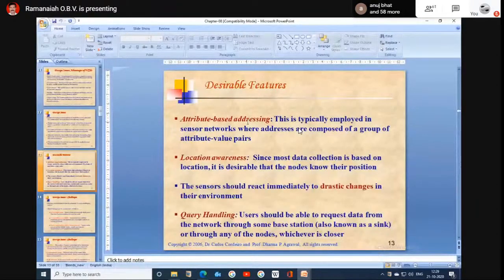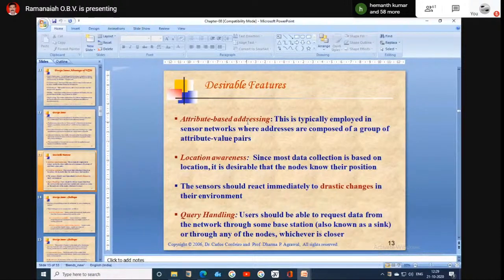Yeah, that is attribute addressing. I hope you are clear. Then location awareness is also mentioned. Each and every sensor node is equipped with a technology like GPS. GPS is a proprietary technology of the United States.